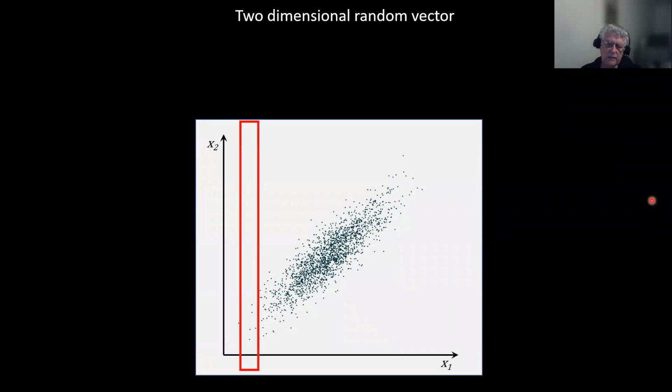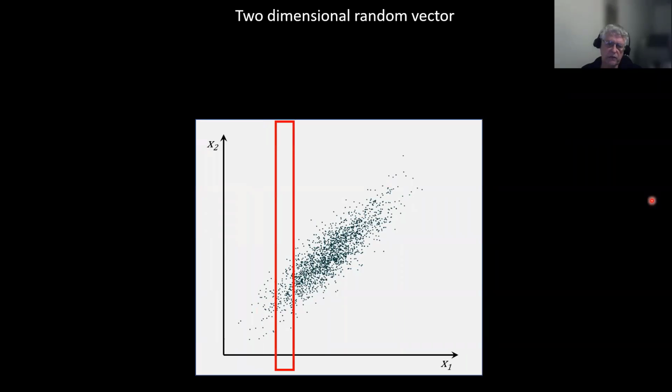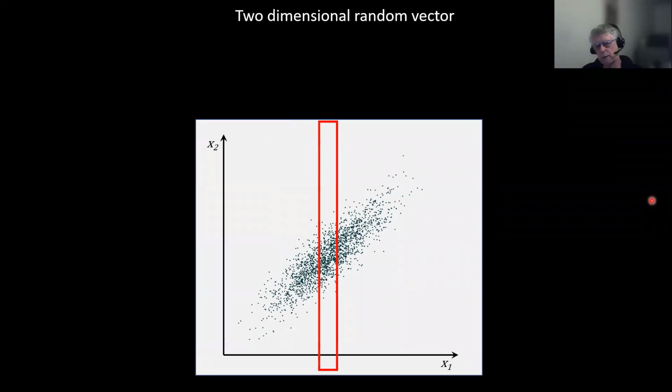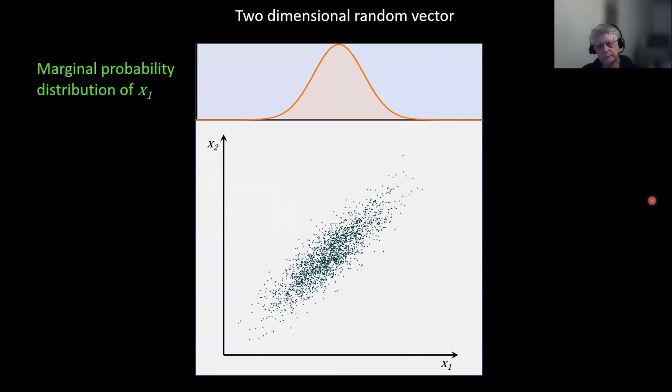So I can study the randomness of x1 alone simply by counting the dots. I can come up with what's called the marginal probability distribution of x1, which in this case is just a bell-shaped curve with a mean and a standard deviation.